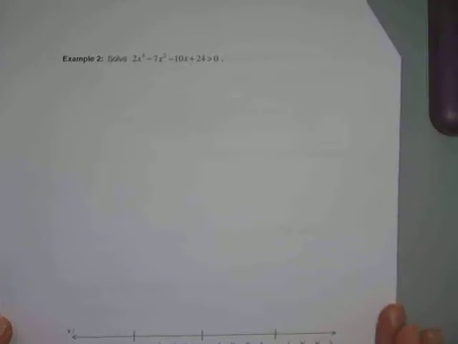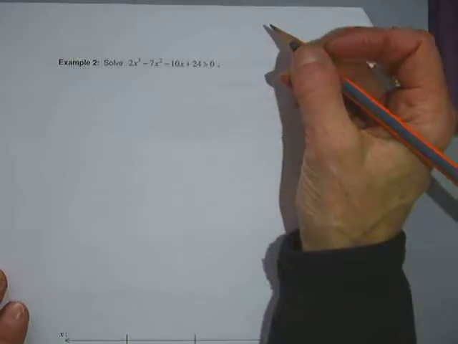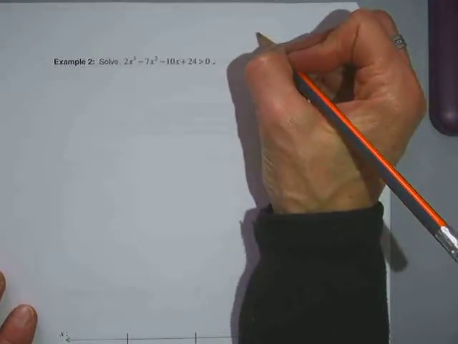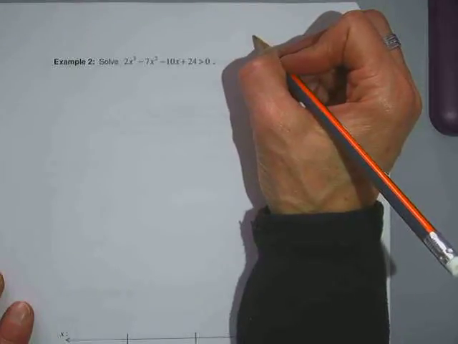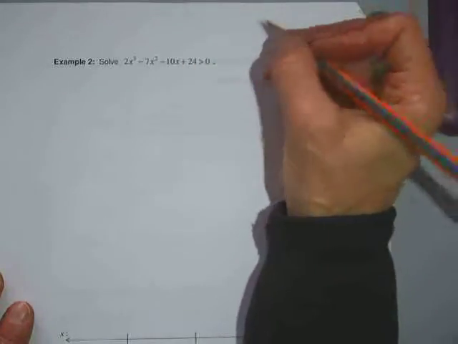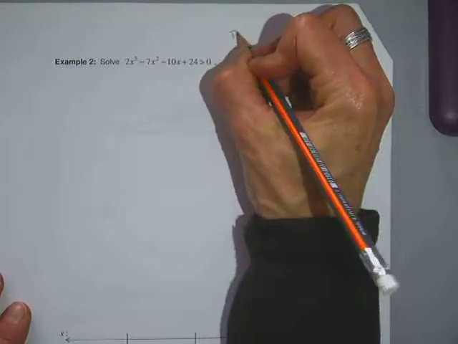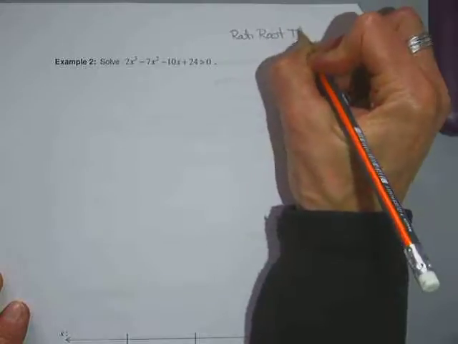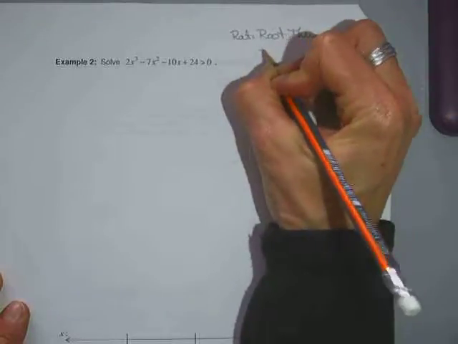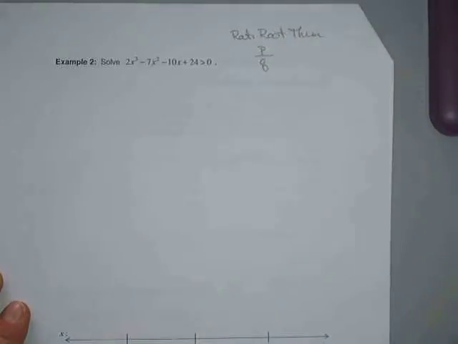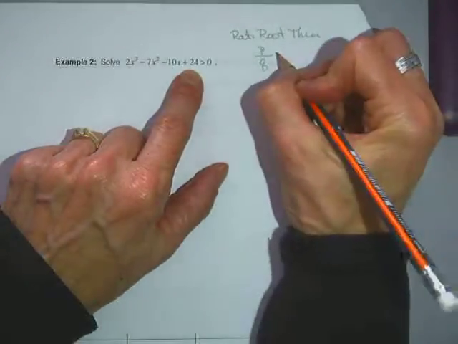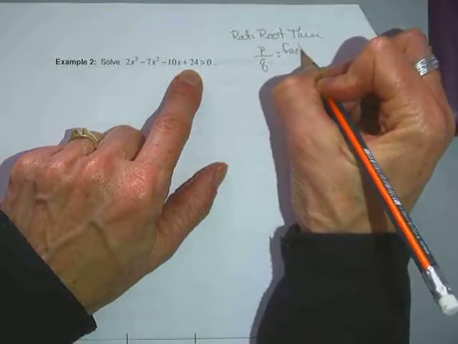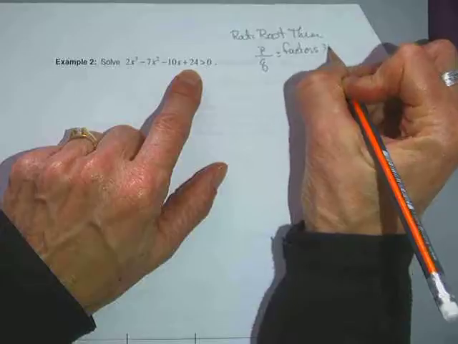Here we go. Turn the page. Oh, great. Now, guess what they did not do in this one? They didn't factor it. So what I have to do is figure out if there's any roots in this. You guys remember the rational root theorem?